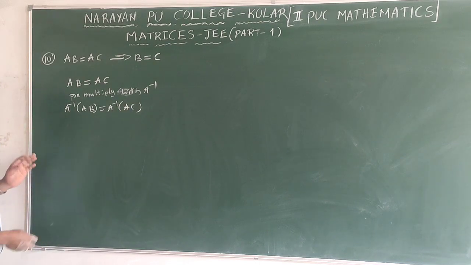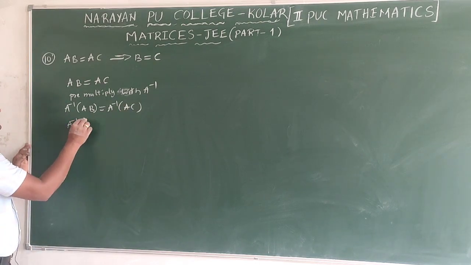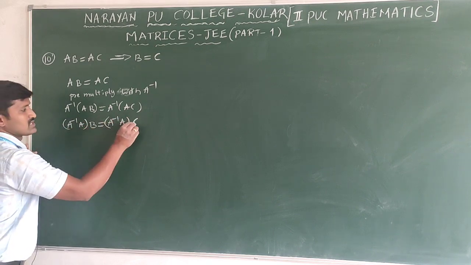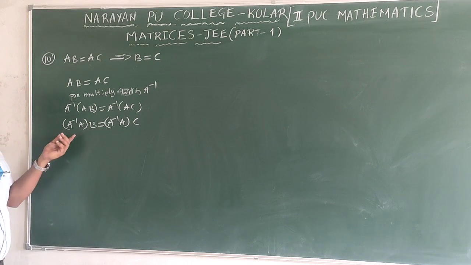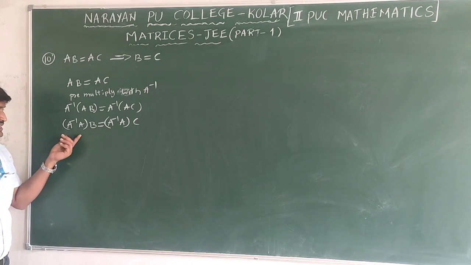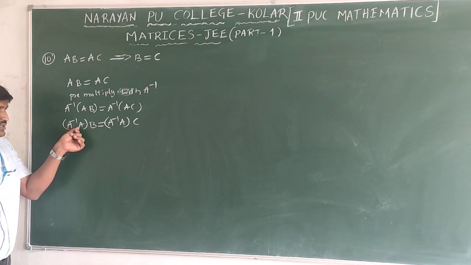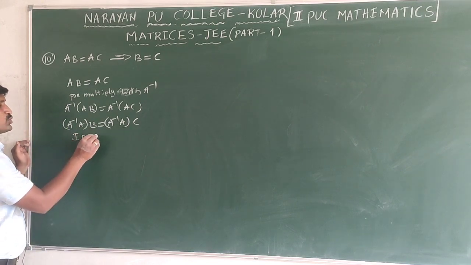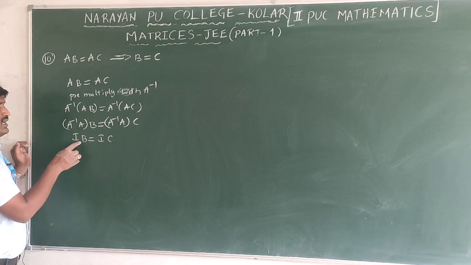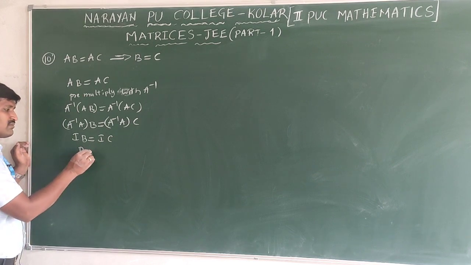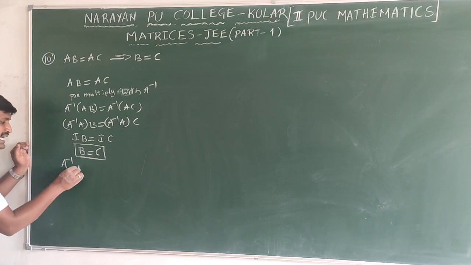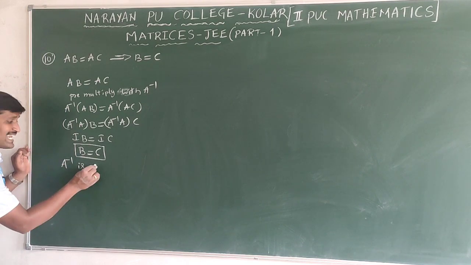By the associative property, you can take A inverse into A, into B, and A inverse into A, into C. In yesterday's class we gave the synopsis: inverse matrix into that matrix always gives the identity matrix. So I into B, I into C. I into any matrix gives that matrix only, so B equal to C. This is possible when A inverse exists.